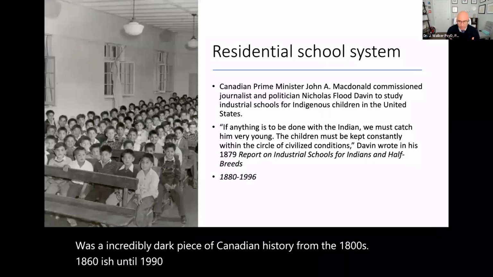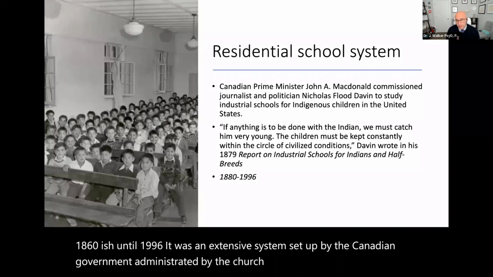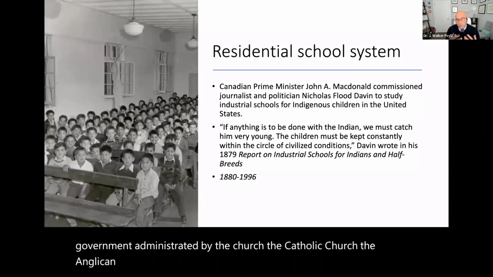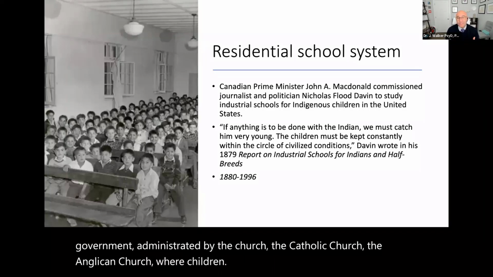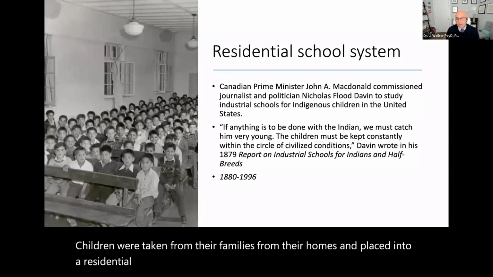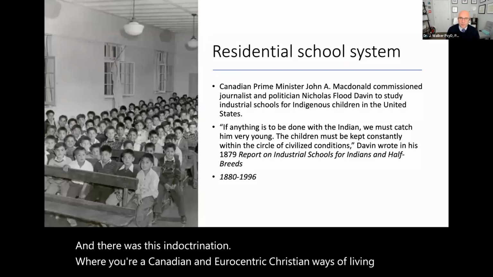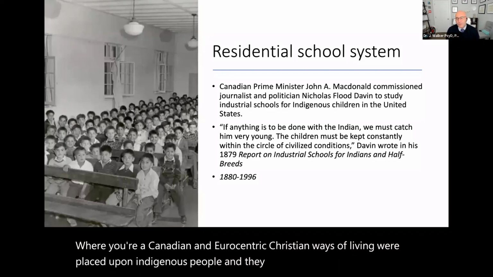It was an extensive system set up by the Canadian government, administrated by the church, the Catholic Church, the Anglican Church, where children were taken from their families, from their homes, and placed into a residential system by law. And there was this indoctrination where Euro-Canadian and Eurocentric Christian ways of living were placed upon Indigenous people, and they were required to conform.